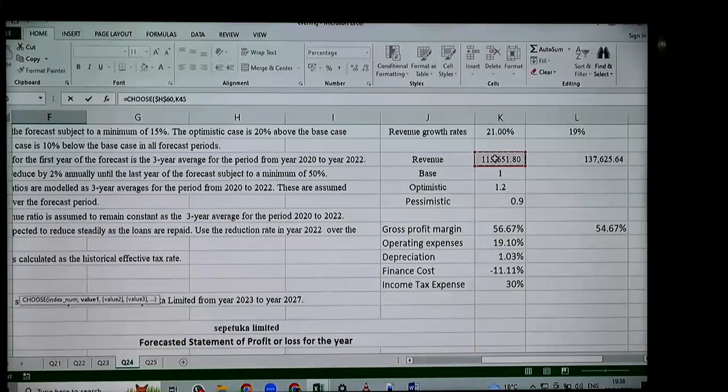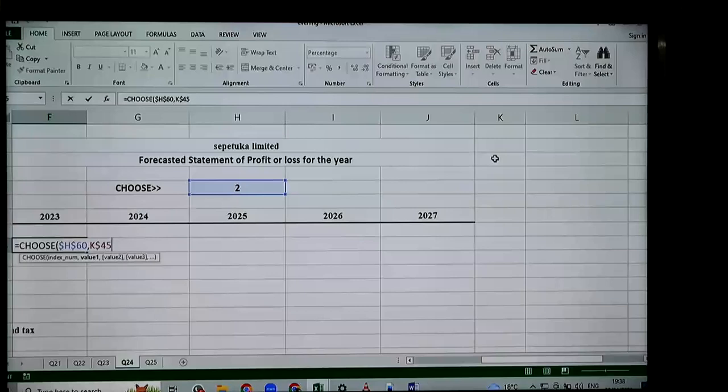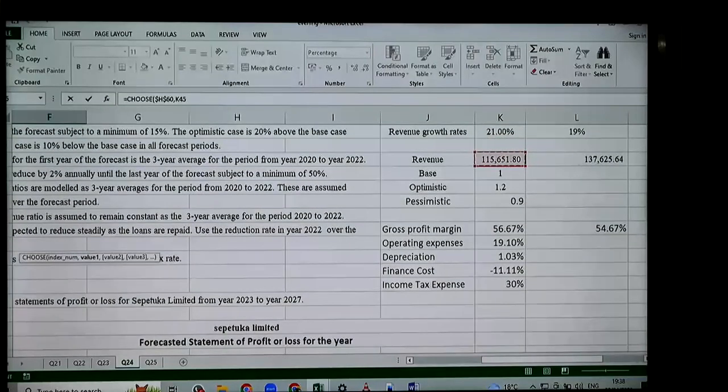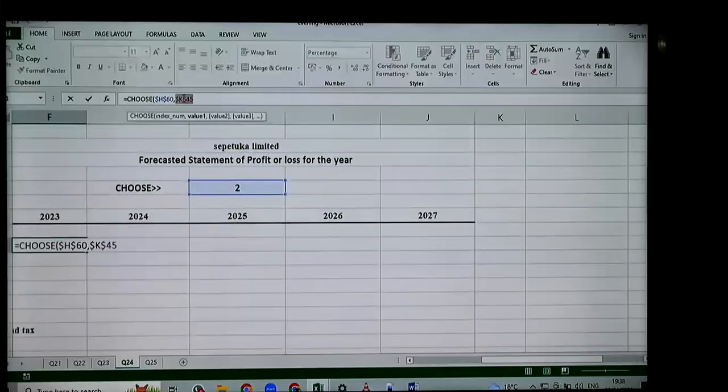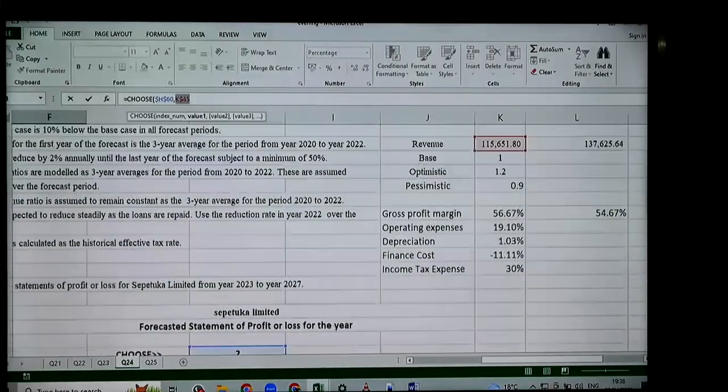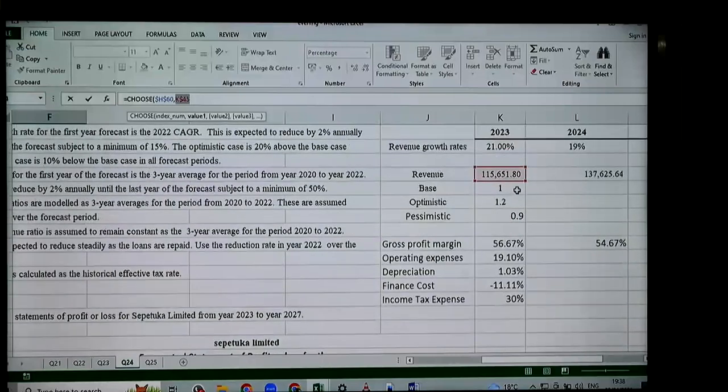And note that I'm locking only 45. I'm not locking K. I'm only locking 45 so that it doesn't move to 46, but it can move to L, isn't it?